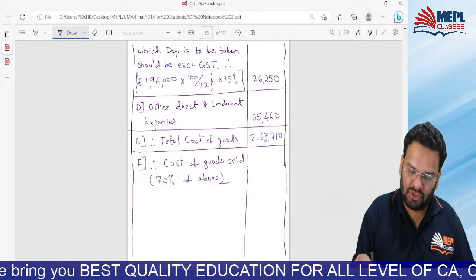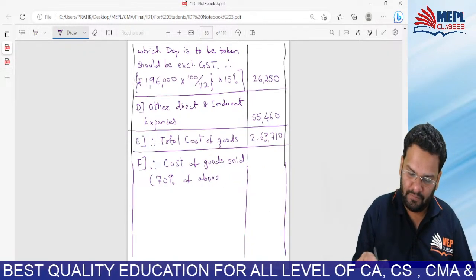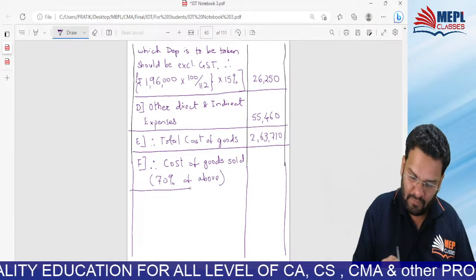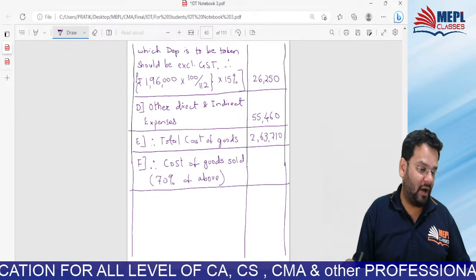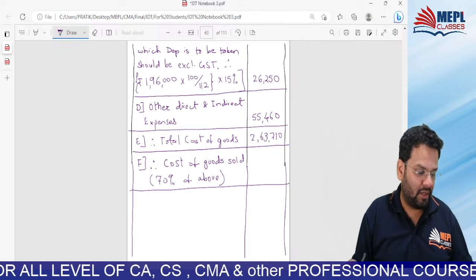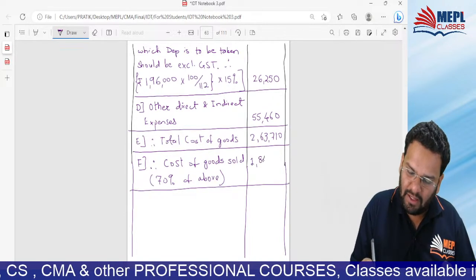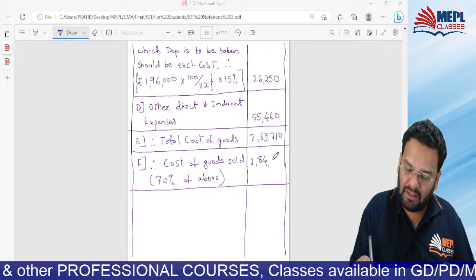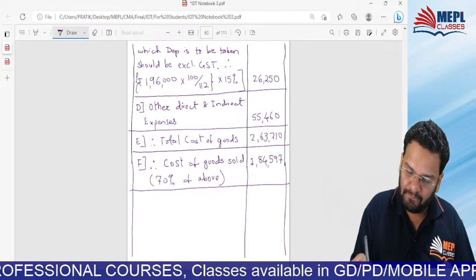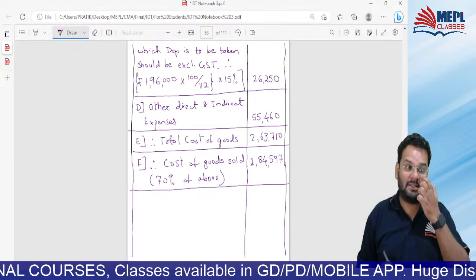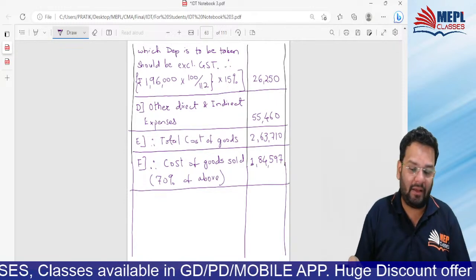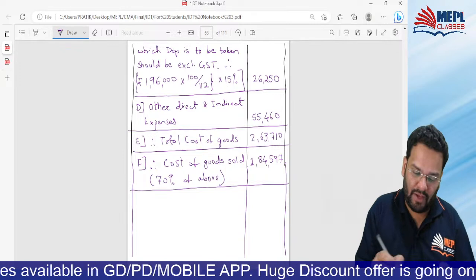So what is cost of goods sold? 70% of above. So are you getting it as 1,84,597? Yes. You are getting it as 1,84,597.